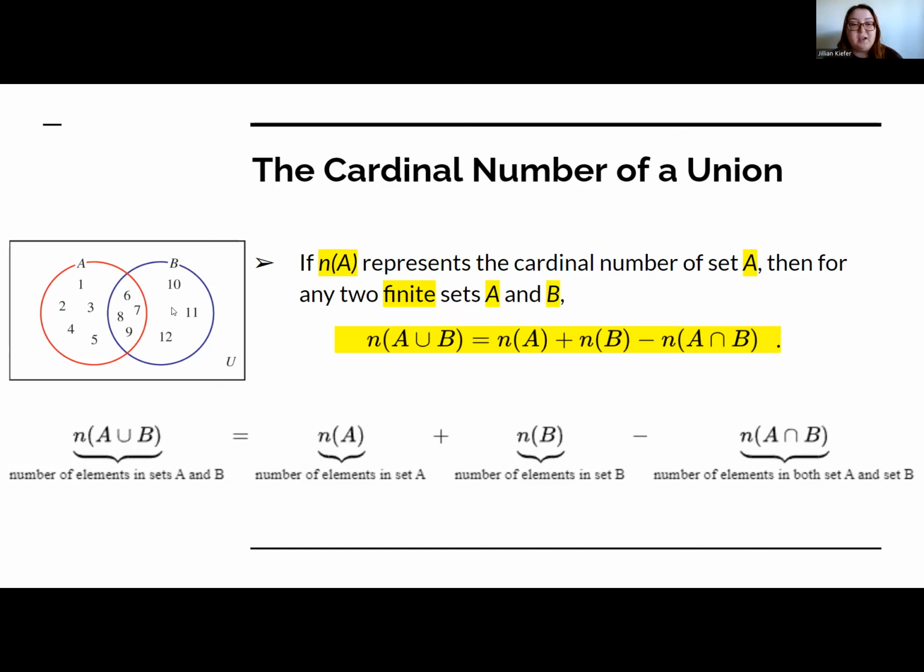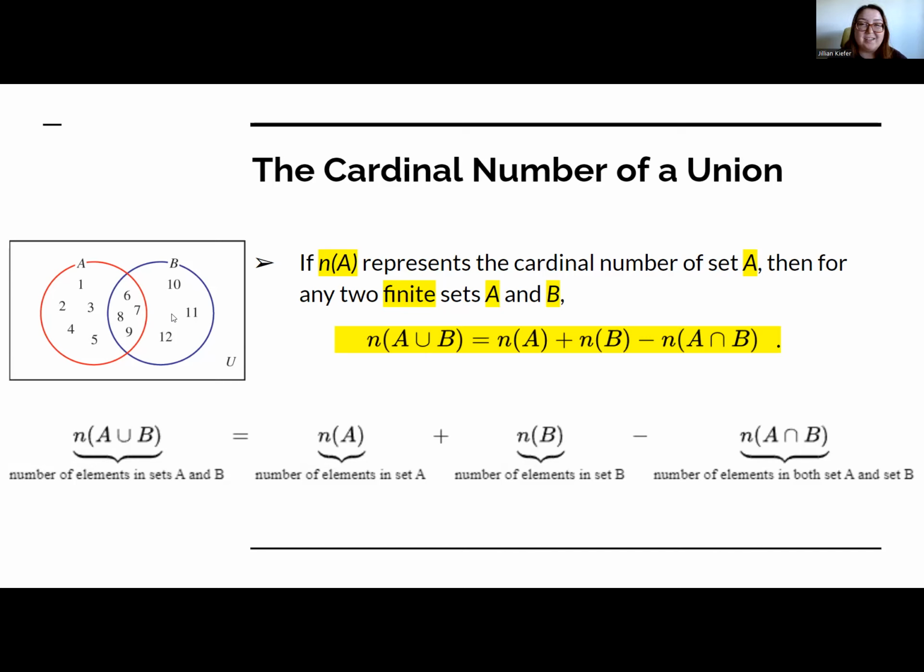The elements in B are 10, 11, 12, 6, 7, 8, 9. When you count those up, my elements in A are 1, 2, 3, 4, 5, 6, 7, 8, 9. There's 9 elements in set A. In B, I have 1, 2, 3, 4, 5, 6, 7. 7 elements in set B.